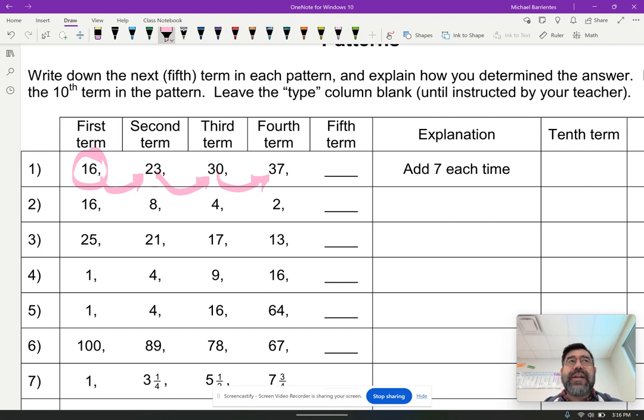One of the things that could help you is figuring out, as I go from the first, the second, to the third, to the fourth in sequence, are the numbers getting bigger or are the numbers getting smaller?